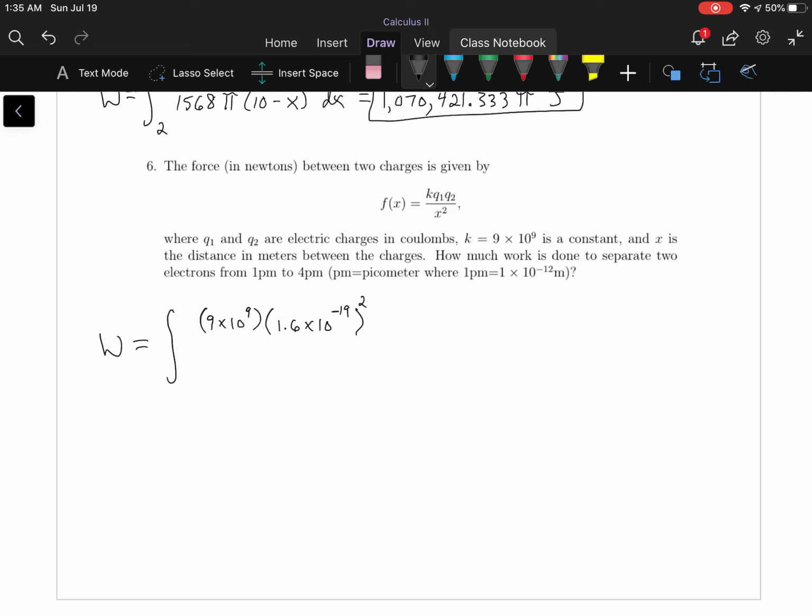And that's the same for Q1 and Q2, so I'm just going to square that. And we want to integrate this with respect to meters, and so 1 picometer is 1 times 10 to the negative 12. And 4 picometers is 4 times 10 to the negative 12.